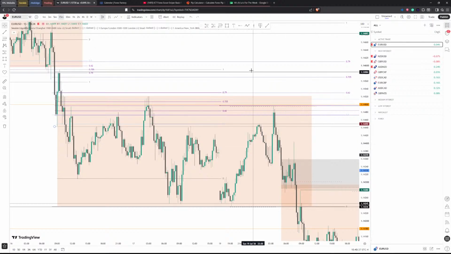This is the 1.45, and that is this order block. So it's the order block of partial distribution.